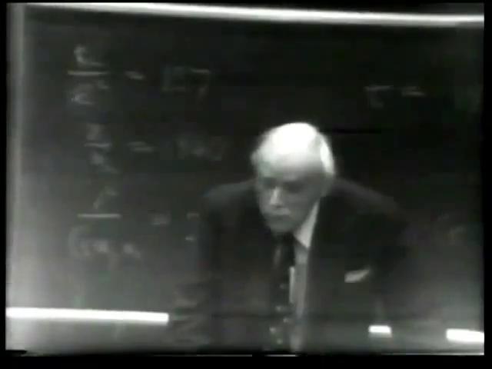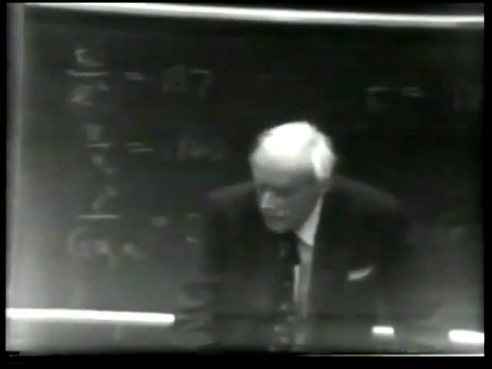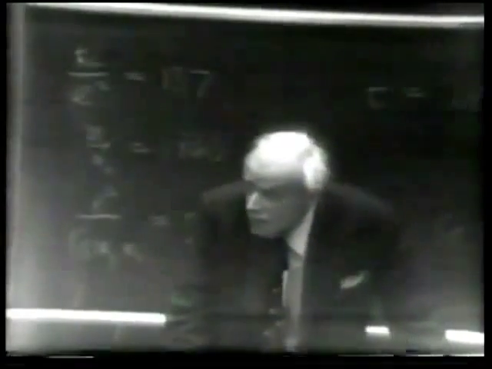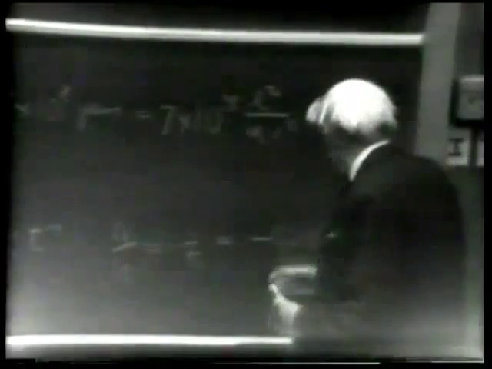I've been told by the people who work with these clocks that they can do their timekeeping with an accuracy of 1 part in 10 to the 13. Now, if there is a logarithmic variation, it would of course be much smaller than the t to the minus 1 variation which we have here, smaller by a factor 100 or so.